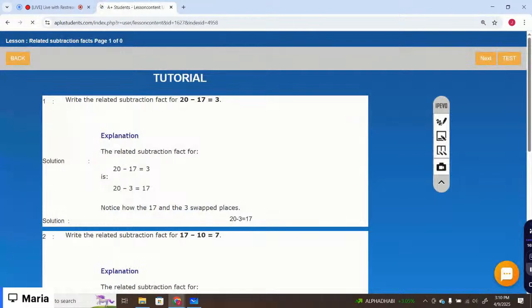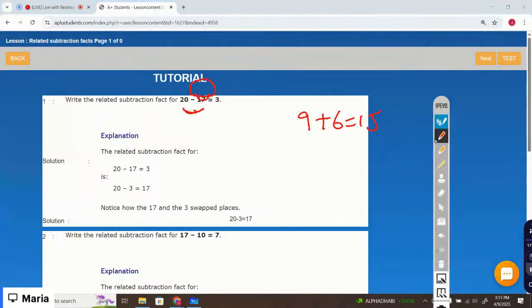Subtraction facts are different from the related addition facts because when you swap the position of these two numbers this way, you cannot subtract a greater number out of the smaller one. So you have to swap the position of the numbers in the subtraction sentence. It would be like this: 20 take away 3 equals 17.